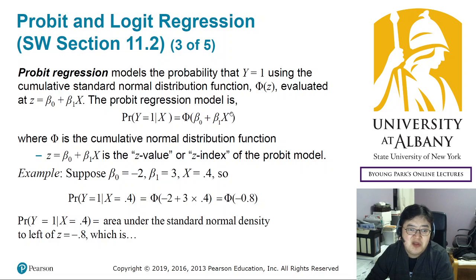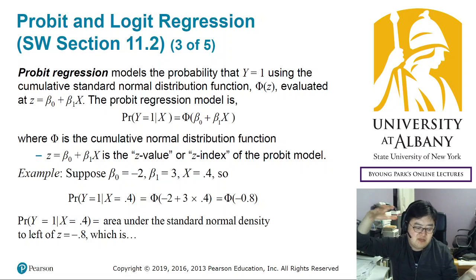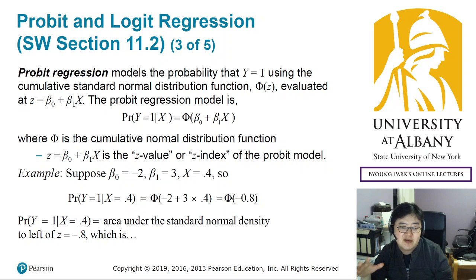So not only is the linear function taken by another function which is nonlinear, which makes the probability prediction always lie between 0 and 1. Because of the function phi, which is nonlinear, your probability prediction has the correct range. That is the role of this guy.